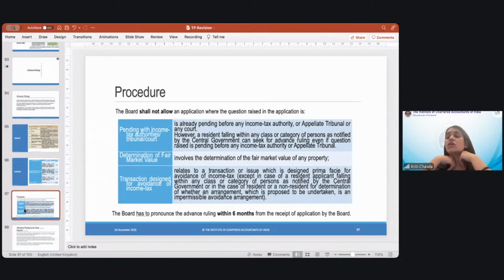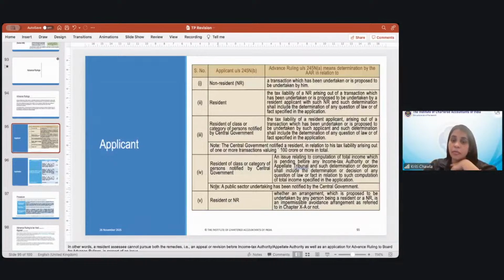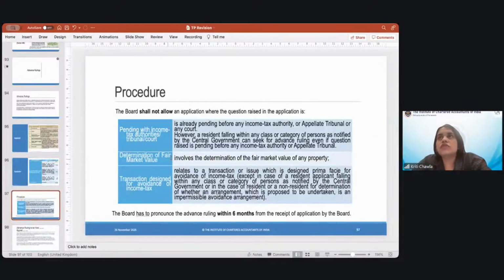But if there is any resident which is notified by the central government, they can seek advance ruling even if the question raised is pending before the income tax tribunal. This is where I've mentioned this particular public sector undertaking also. Then, if a matter involves determination of the fair market value of any property, then also the board will not allow an application.